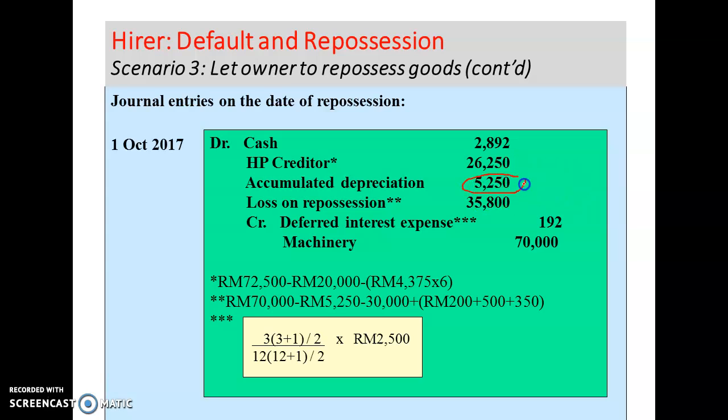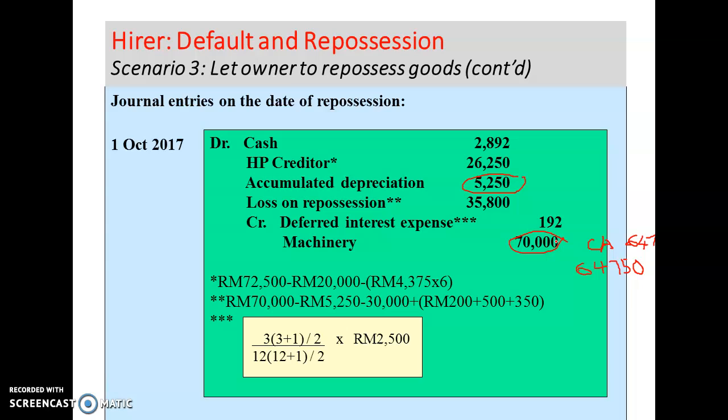The difference between this and this will give the carrying amount of 64,750. So this is the carrying amount of your asset up to the repossession date.